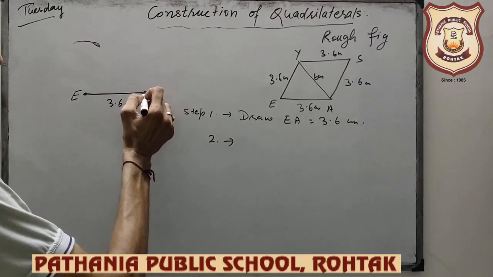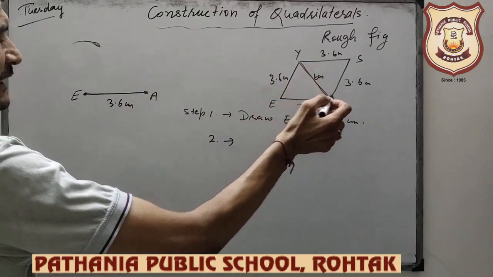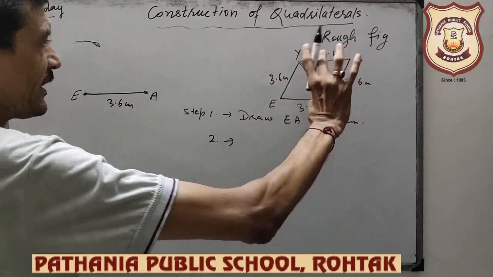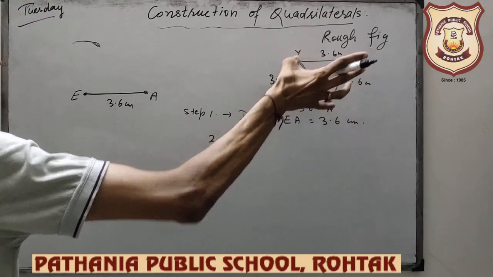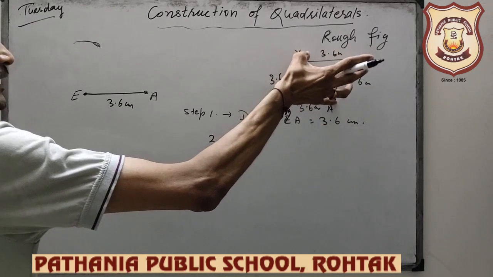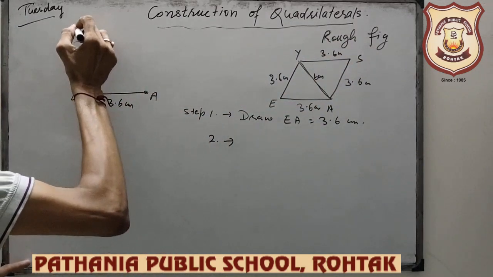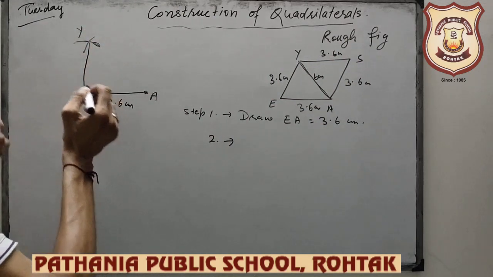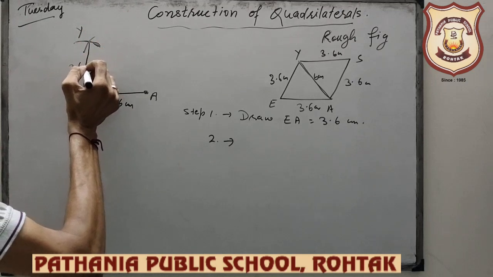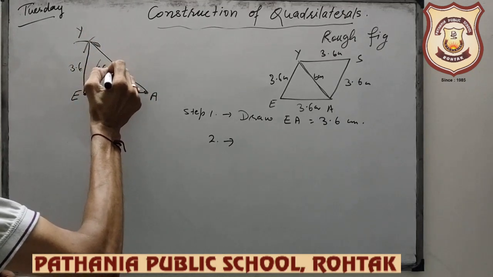Now take A as center and a length of 6 centimeter, putting the needle of the compass at A and opening equal to 6 centimeter, put another arc which intersects the first arc at Y. So this means EY is 3.6 and AY is 6 centimeter.